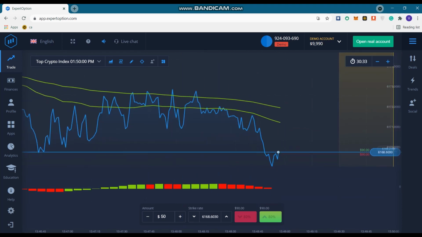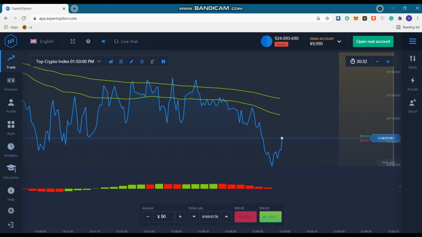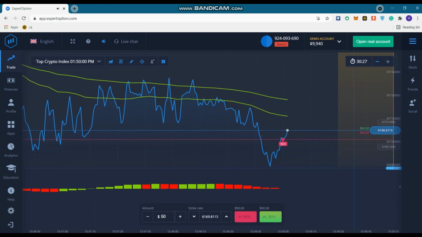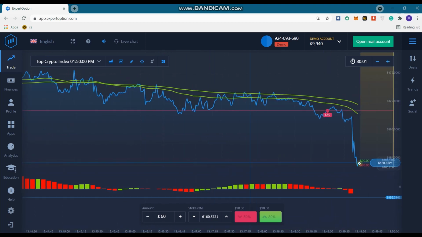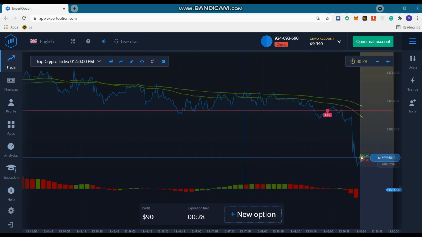Now you can see the market is making little red bars. That means the market is gonna go down. Now I'm gonna place a sell order. See, the market is making huge red bars.